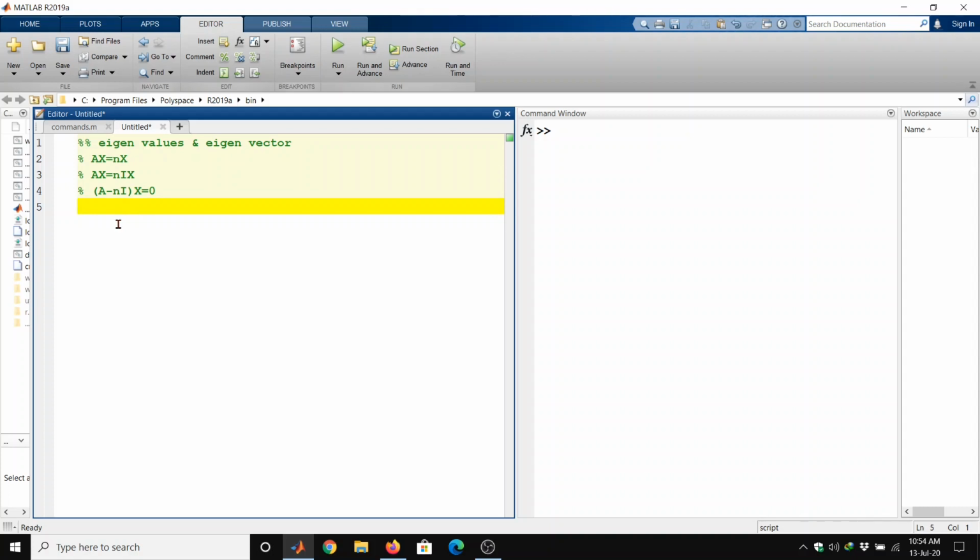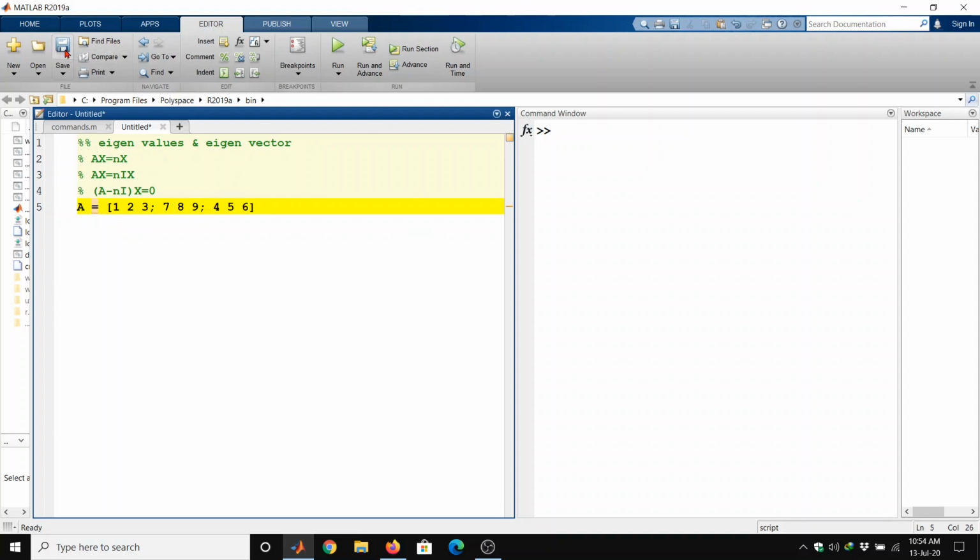Now suppose I have a matrix capital A equal to bracket started 1 2 3 semicolon 7 8 9 semicolon 4 5 6 bracket closed.